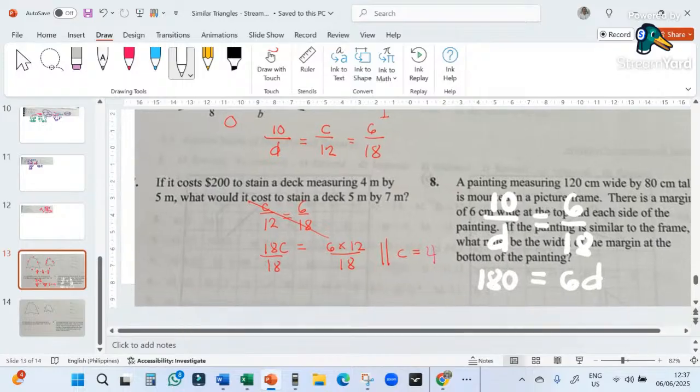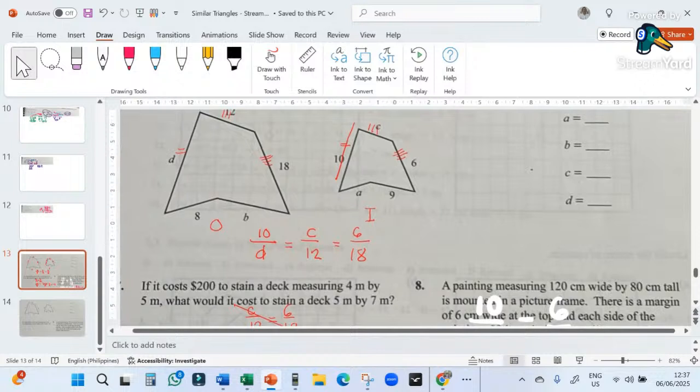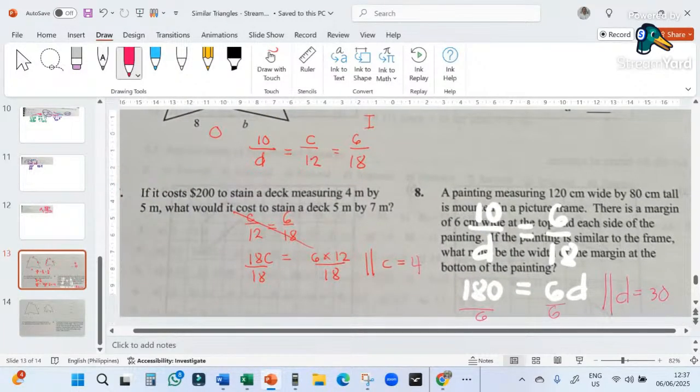And then you will divide both by 6. And you can get the value of D equal to 180 over 6 is 30. Okay? So let's write them here now. C is 4 and D is 30.